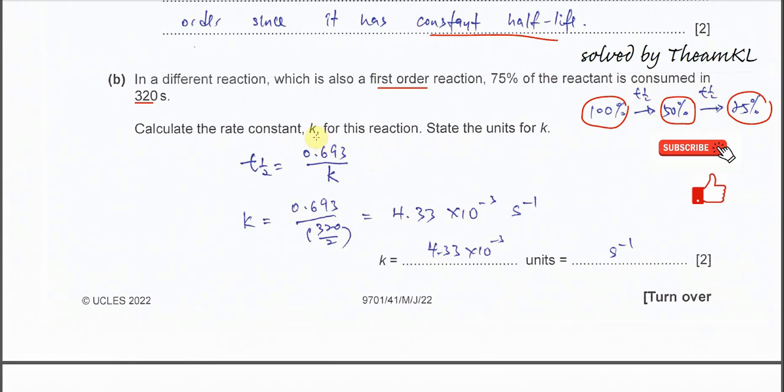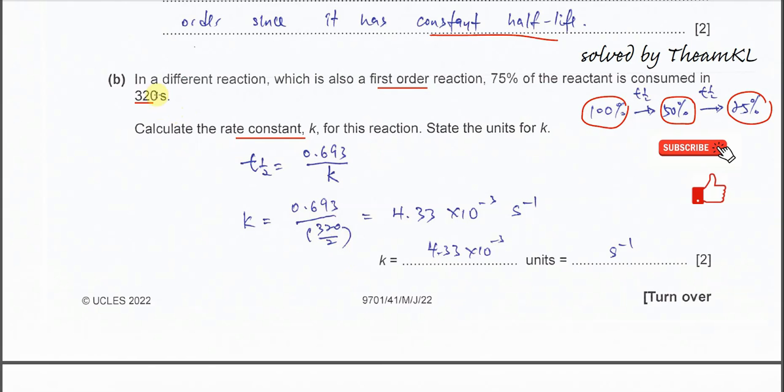And to calculate the rate constant for the reaction with first order, we use this. The half-life equals 0.693 over the rate constant. So rearranging, the rate constant is equal to 0.693 over the half-life.